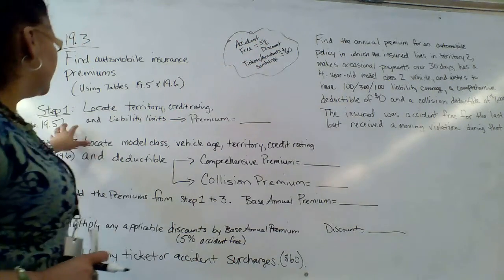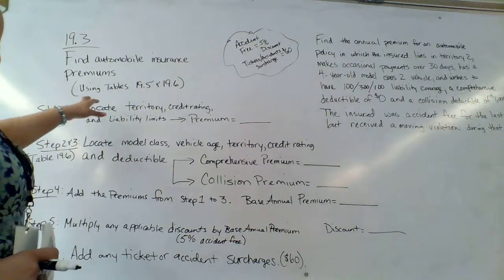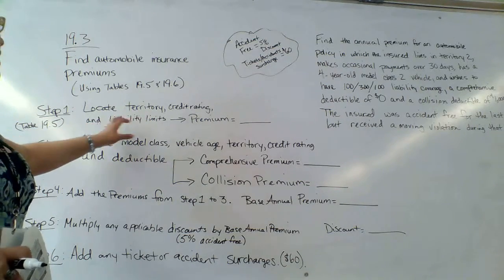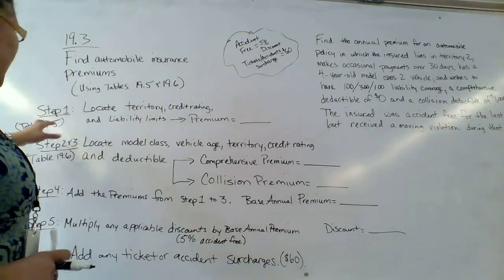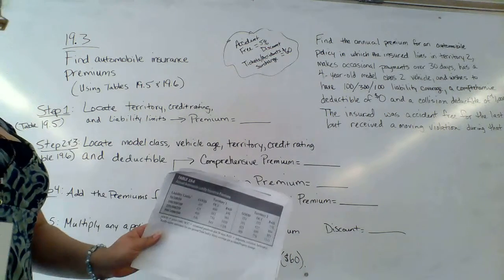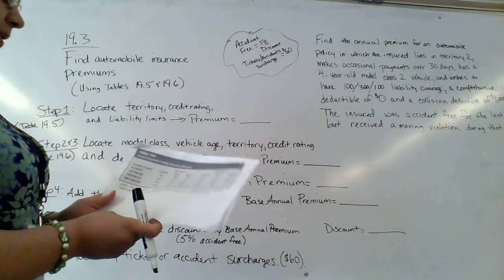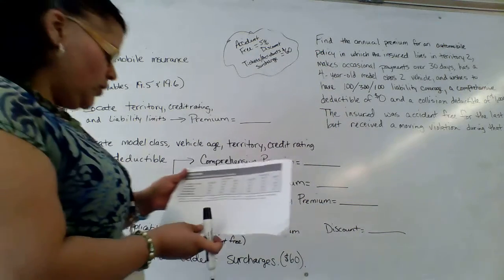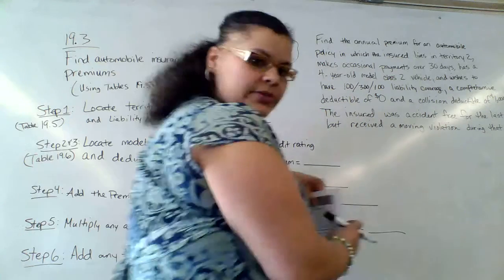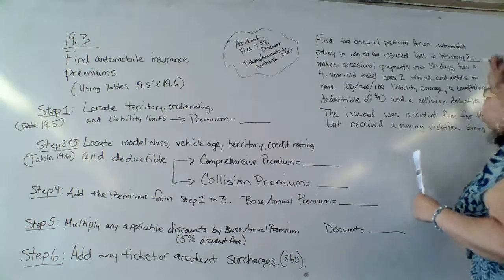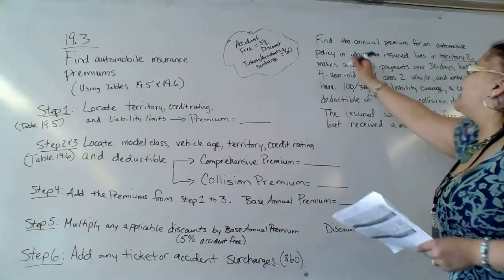So now the first thing, step 1, what we're going to do is locate the territory, credit rating, and liability limits to get the premium. And this we find in 19.5. So we know that this person is in Territory 2, according to our problem. So Territory 2. And they make occasional payments.